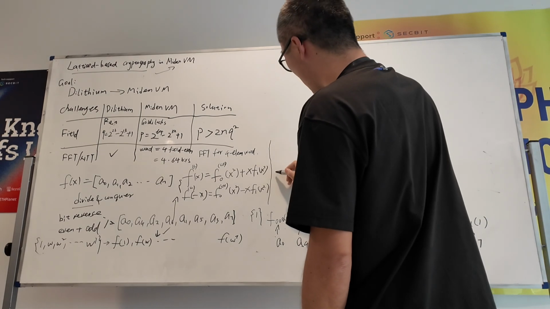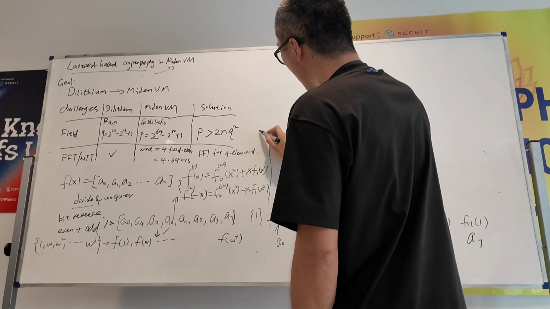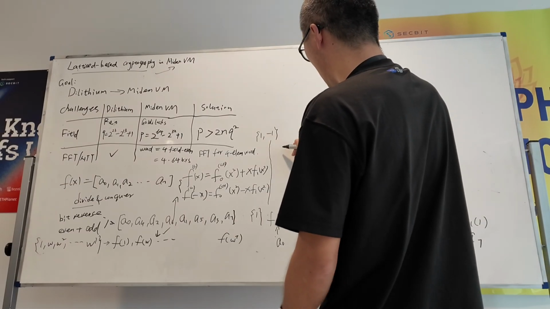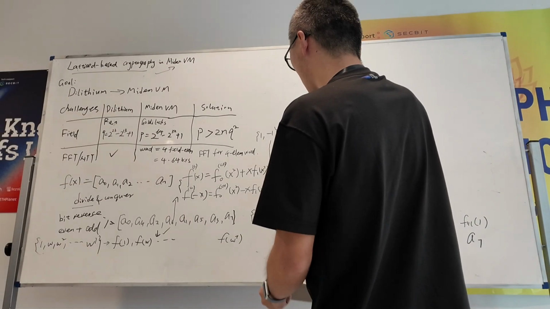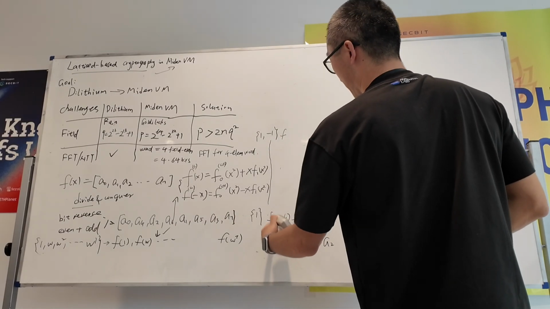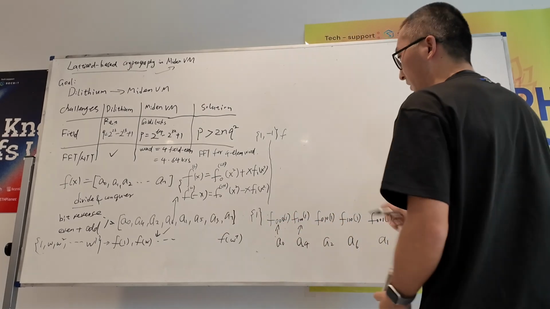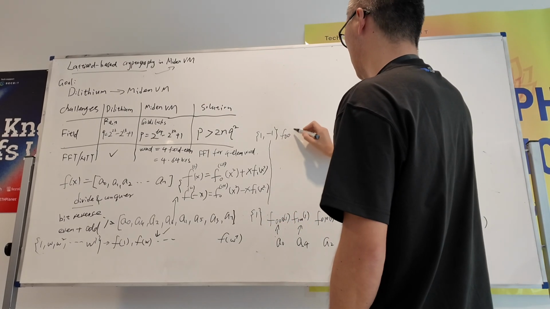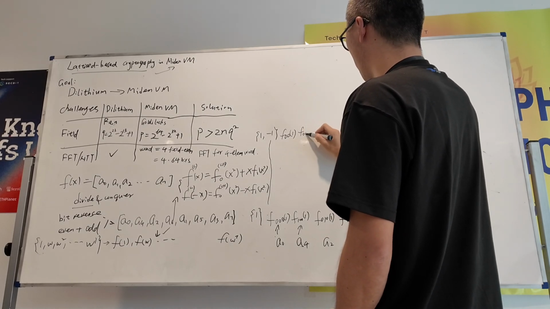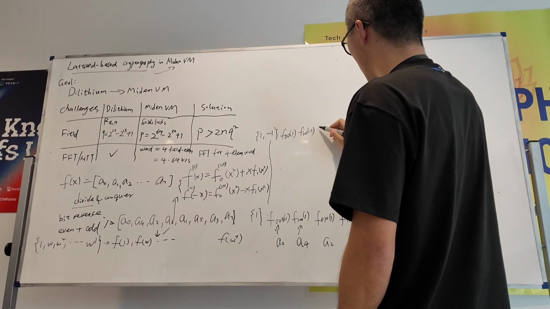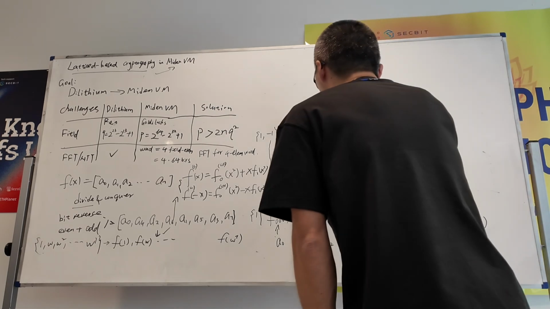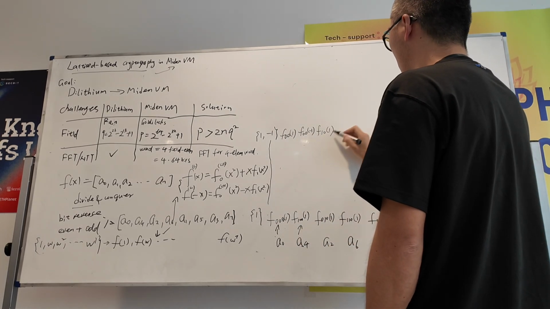The subgroup will become, I write here, 1 minus 1, and we just remove the first digit, then we will get this polynomial. 1. Next will be 1. 1.